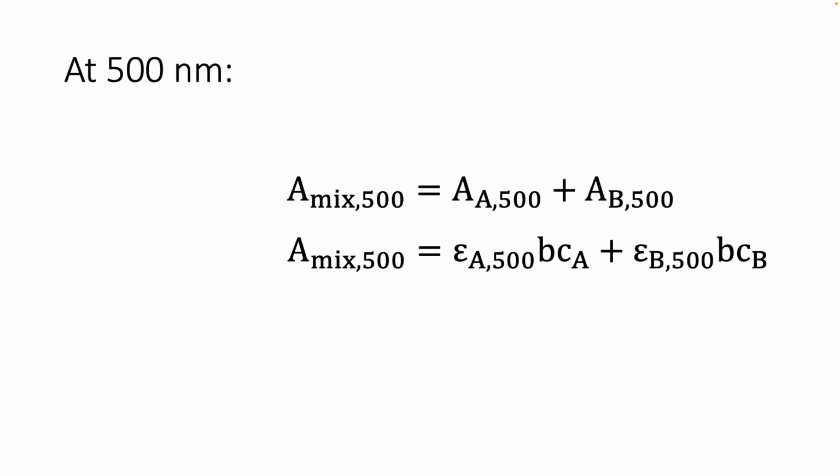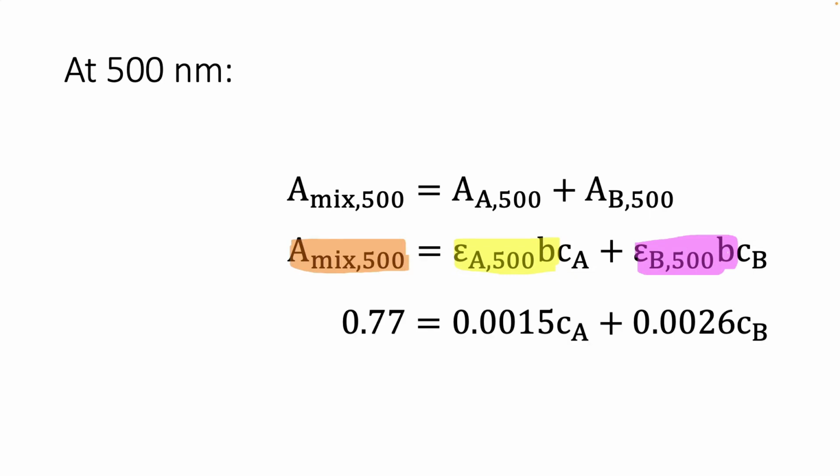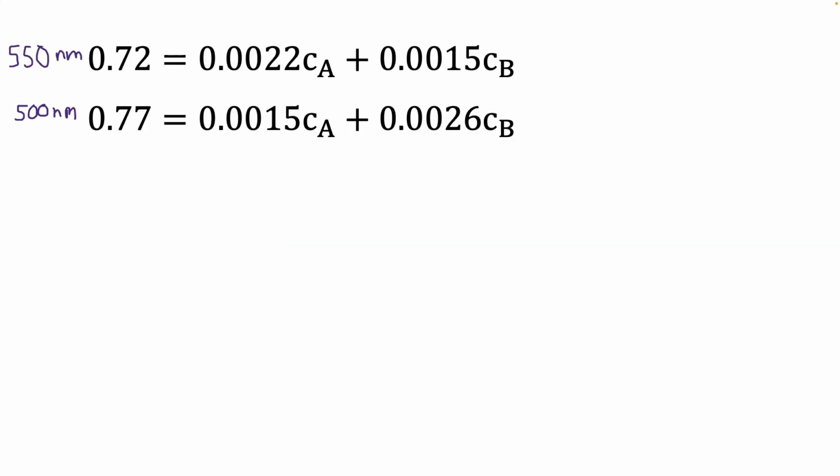Use Beer's law, plug in our numbers, the slope of the A calibration curve, the slope of the B calibration curve, and the measured absorbance of the mixture at 500 nanometers. And then again, we get an equation that is an expression relating concentration of A and concentration of B. So again, two wavelengths, two expressions containing two unknowns, concentration of A and concentration of B.